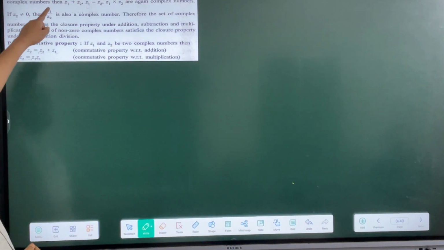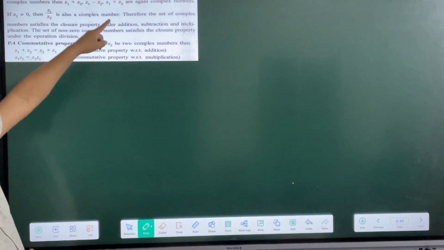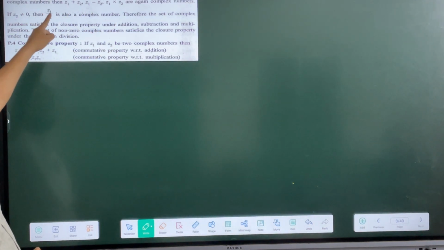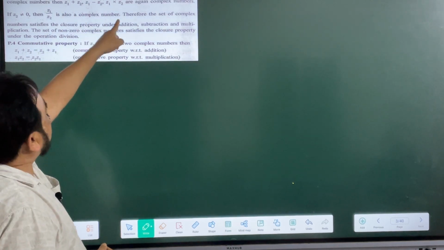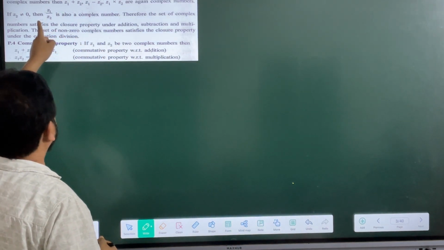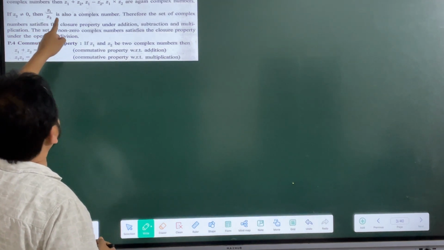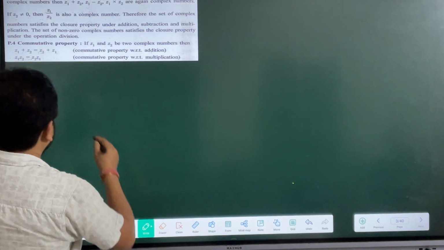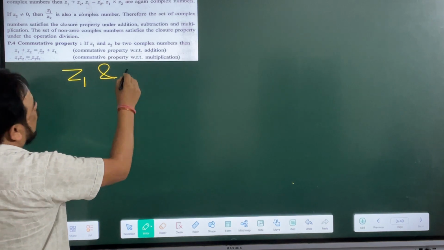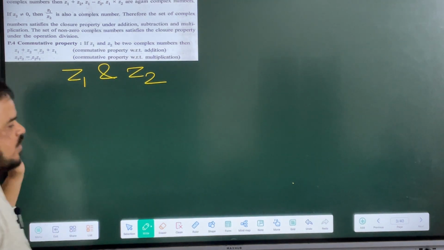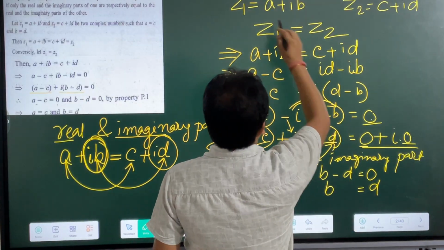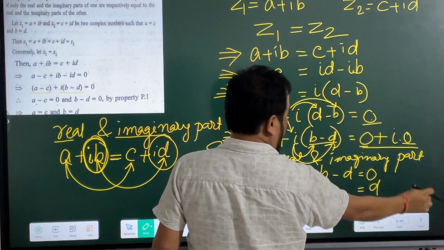It is already shown in article 3 that if Z1 and Z2 are complex numbers, Z1 plus Z2, Z1 minus Z2, Z1 into Z2 are again complex numbers, and Z1 by Z2 is also a complex number. That means Z1 and Z2, two complex numbers, as I have told you already in the previous sum. In the previous sum, we have taken Z1 and Z2, two complex numbers.